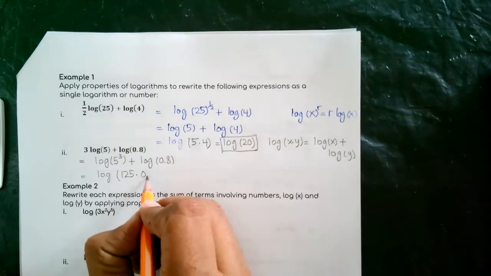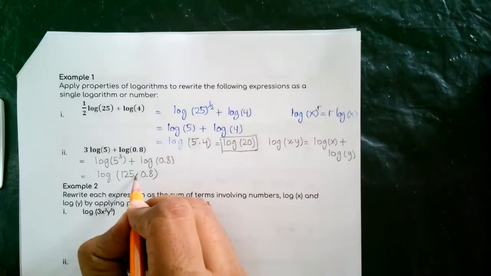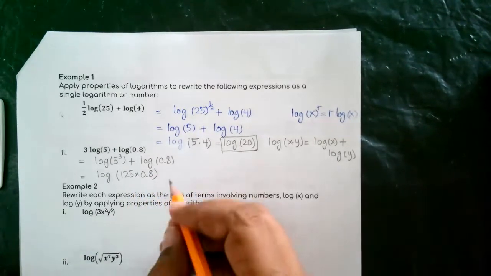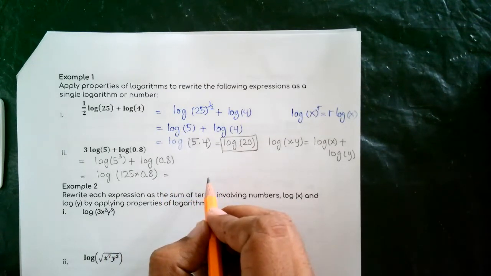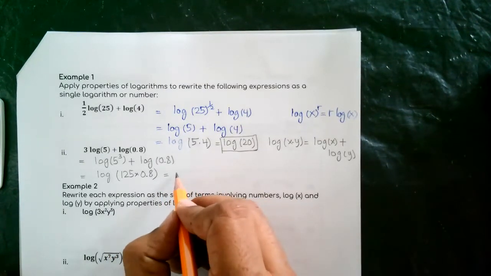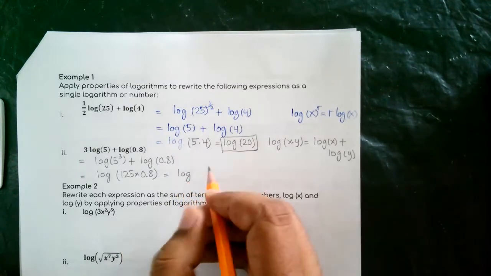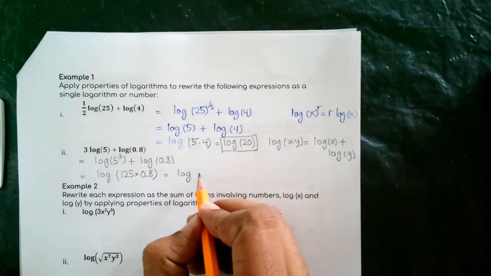When you multiply these together, you will get log of 125 times 8 is basically 1000, and you have a fraction.